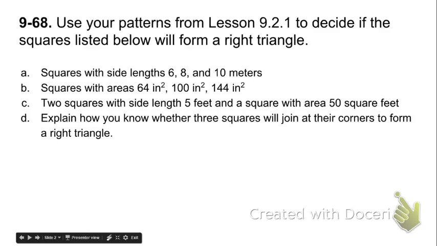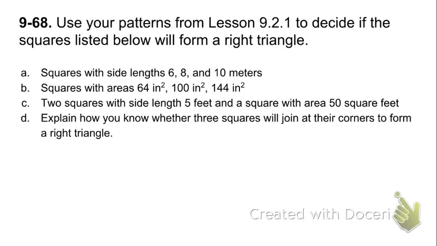Okay, so use your patterns from lesson 9.2.1 to decide if the squares listed below will form a right triangle. First A, squares with side lengths 6, 8, and 10 meters.